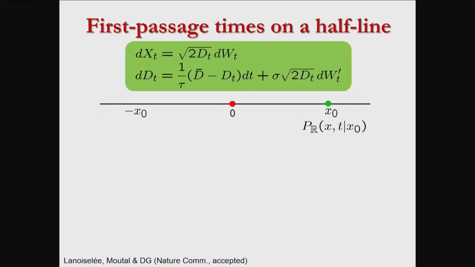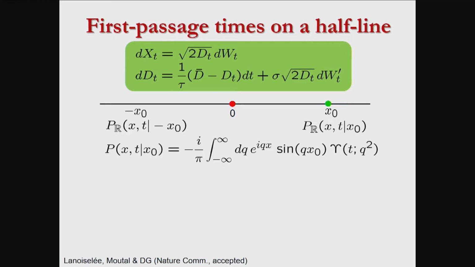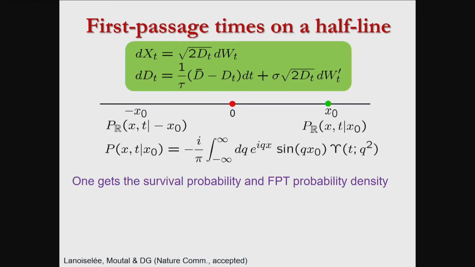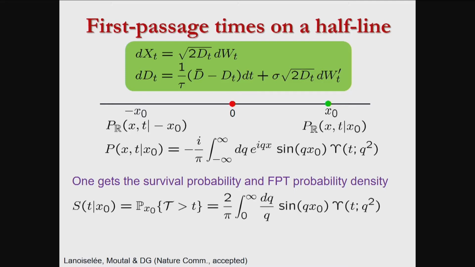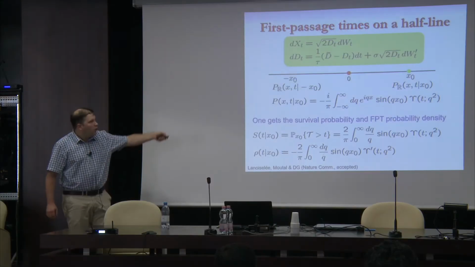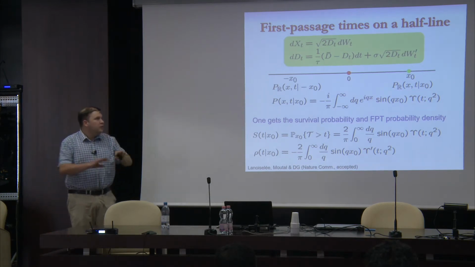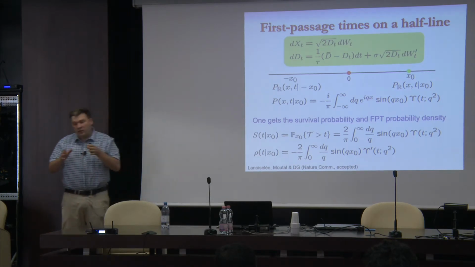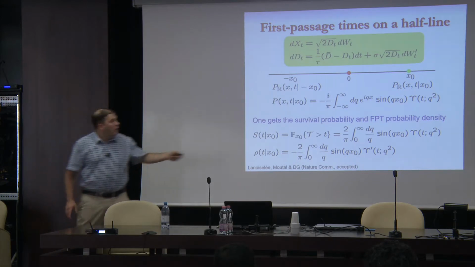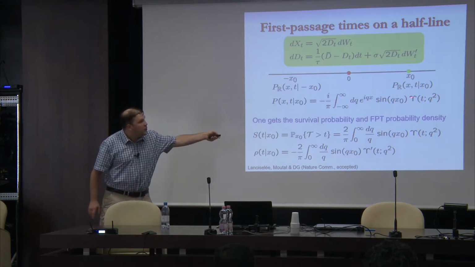So you put some fictitious source on the other side, and then you take the difference between the two propagators. That ensures that the Dirichlet boundary condition is satisfied here. And in this way, you get the propagator. And from the propagator, you compute the survival probability and the probability density function, taking the derivative of that. So all these three are essentially differently written Fourier transforms of this explicitly known function.